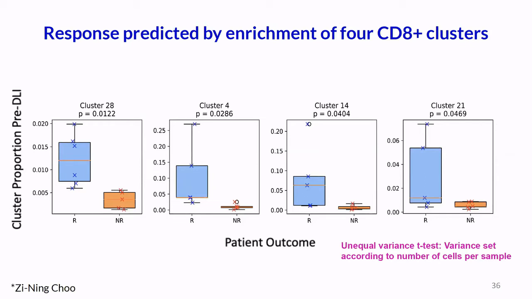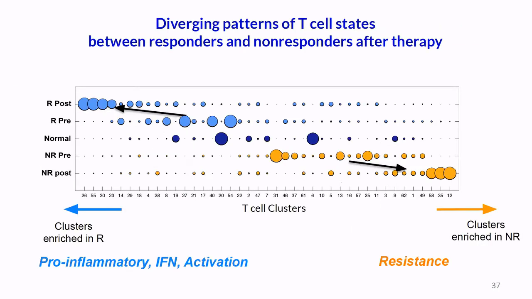And in identifying these clusters, we actually used an unequal variance t-test because the abundance of each cluster in each patient has a different sensitivity, because we collect different numbers of cells in each sample, and therefore the probability of detecting a particular abundance is different across samples.